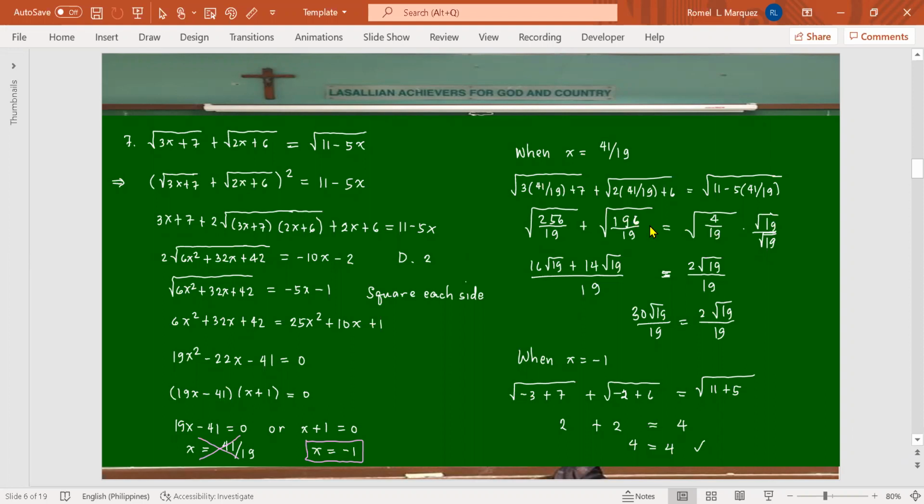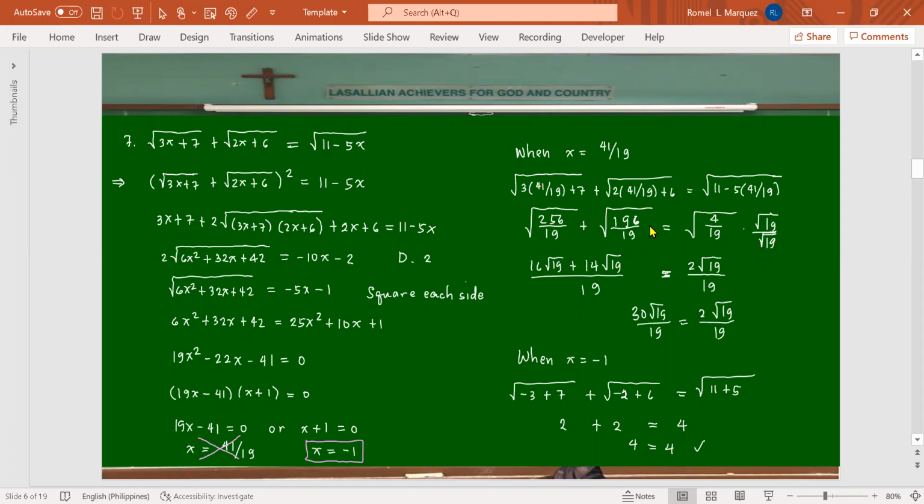Because if you include extraneous roots, it's still wrong. Not all values are accepted, depending on the nature of the equation. So you should know the restriction of every quantity. That's why we are studying domain.